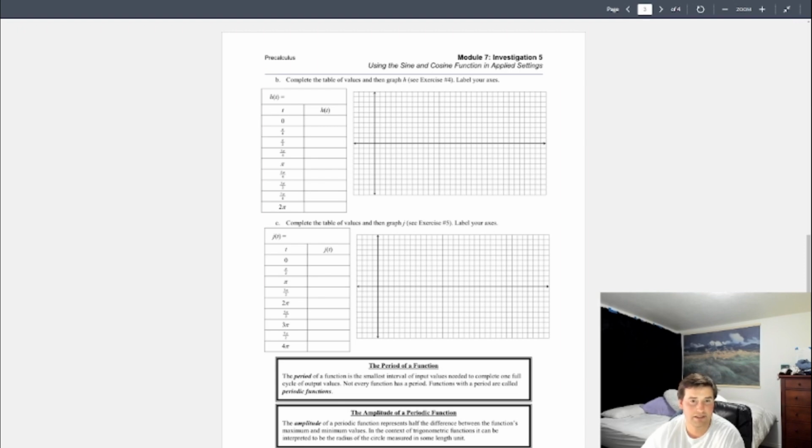Take the sine of this answer, 1, and 2.3. Okay, so at 2 pi, well, at 4 pi it's going to be 0.